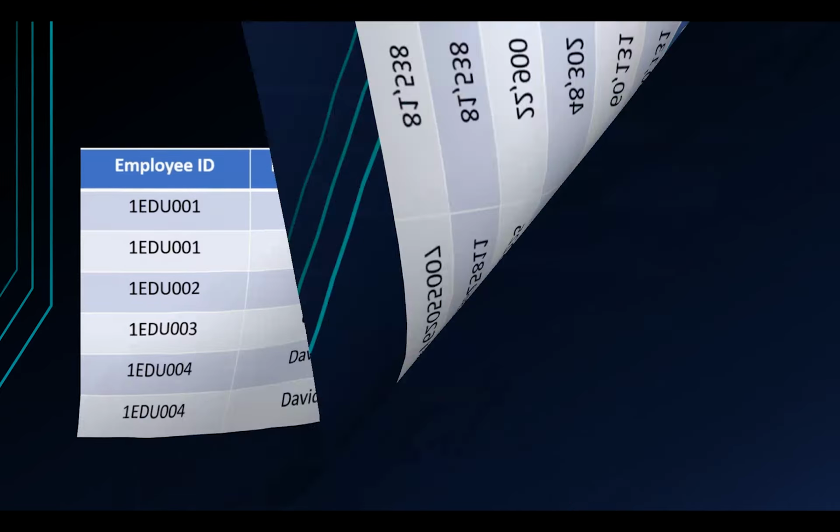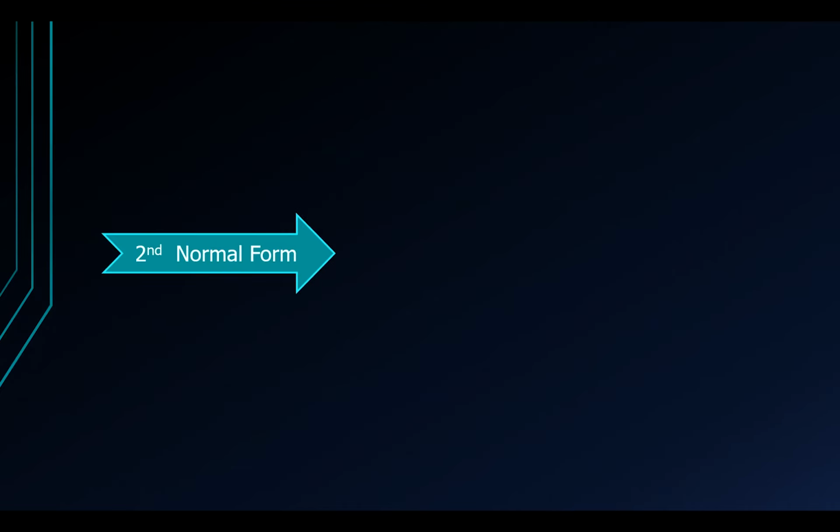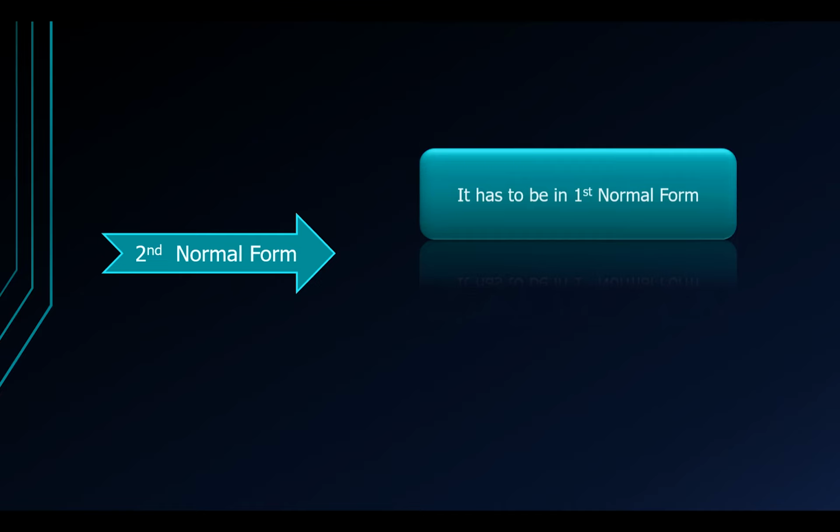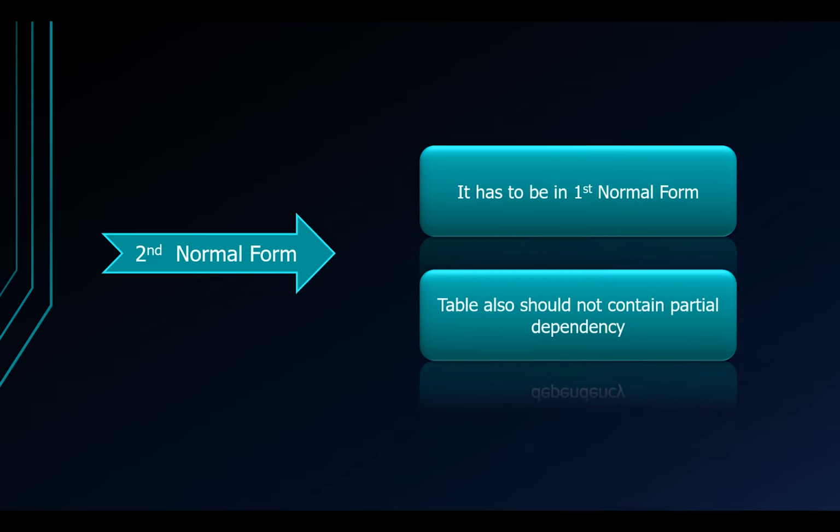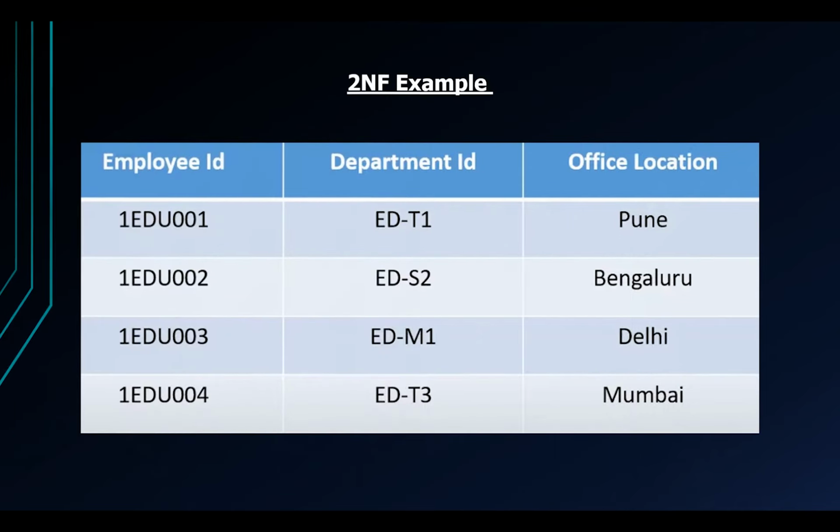Now, let's move to the second normal form. A table is said to be in second normal form only when it fulfills the following conditions. The first condition is it has to be in first normal form, and the second one is the table also should not contain partial dependency. To understand second normal form, let's consider this table.